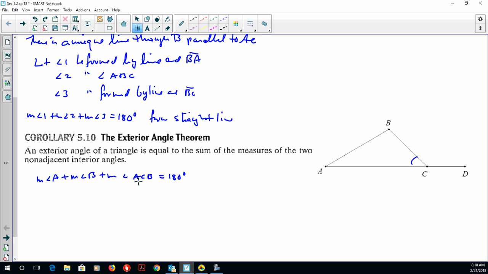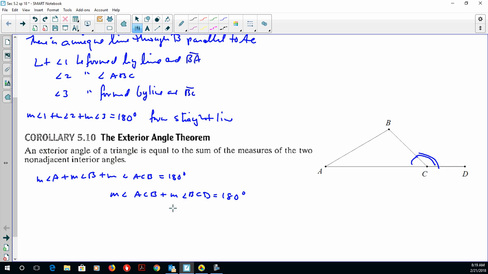We also know that the measure of angle ACB plus the measure of angle BCD is 180 degrees. Okay. So you can then substitute some stuff in.